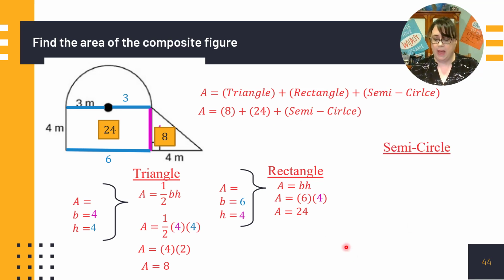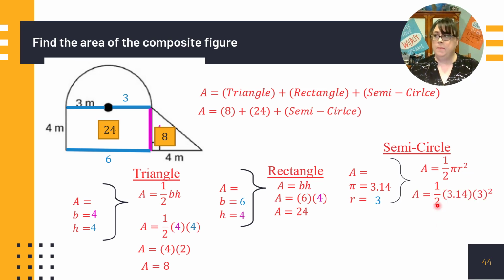So I start by recognizing that's a semicircle, which means the area is going to be 1/2 pi r squared. So I need to know the pi and the radius, of which I know both of them. I know pi is 3.14 and I know the radius is only 3. So I'm going to substitute them in, and I'm going to go ahead and do my exponent first.